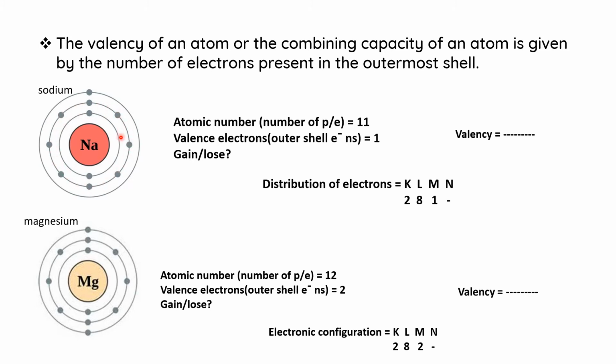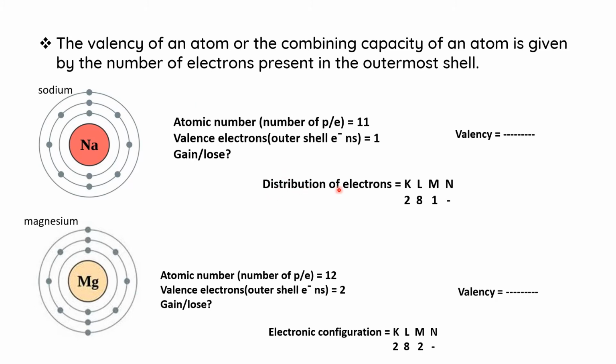If it has 8 electrons, it gets stability. So when 1 electron is lost, it gets a plus charge, because here there are 11 protons but 10 electrons after giving the electron. You understood, children? So that is Na plus. So this sodium is converted to an ion.